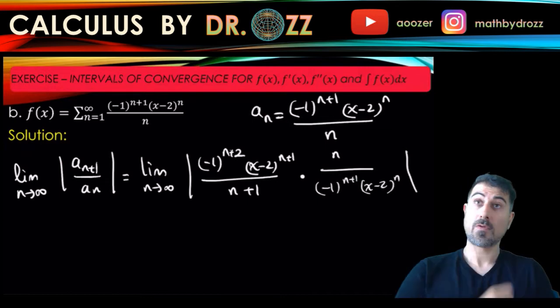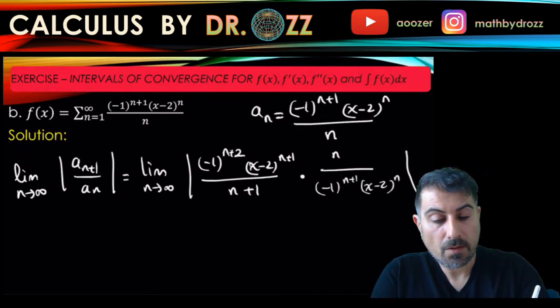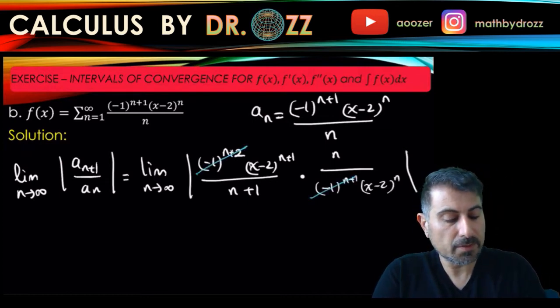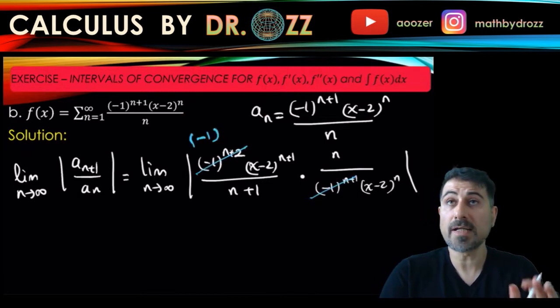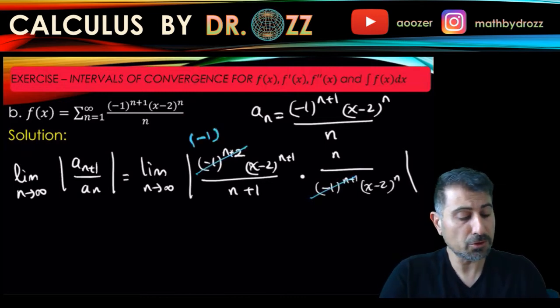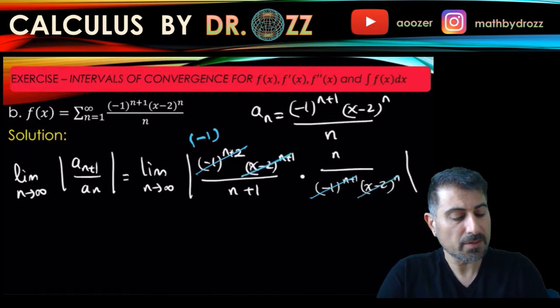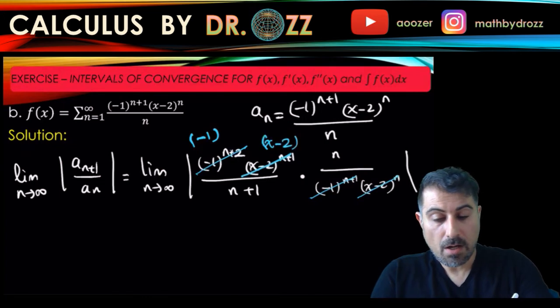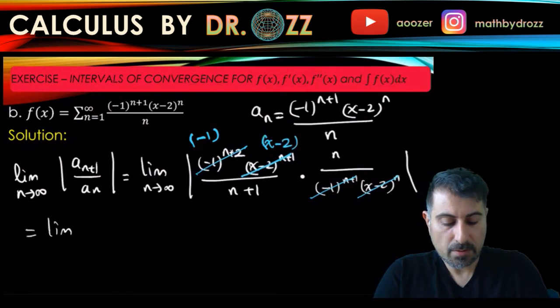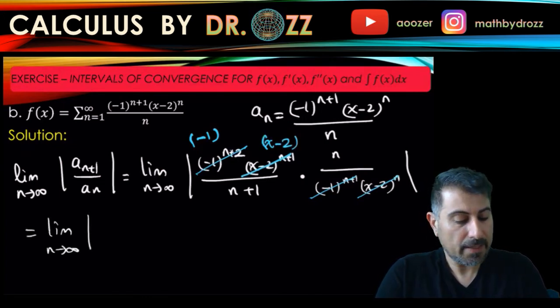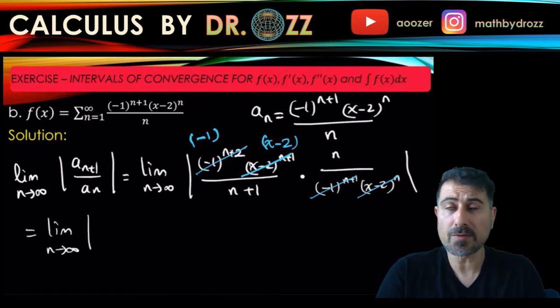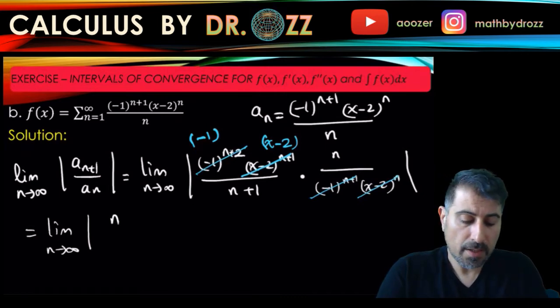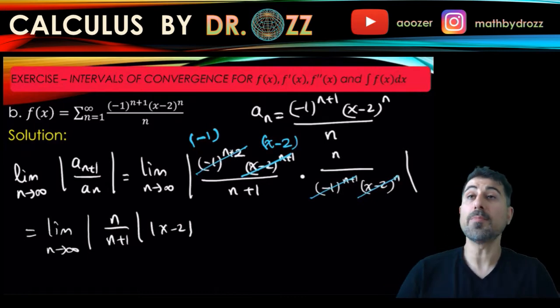Well, this one cancels this one, and we have minus 1 left here, which is not a big deal because I'm taking the absolute value eventually. And this one cancels this, and you're left with x minus 2. Okay, we can simplify that as, again, minus 1 is not a big deal because it's absorbed in the absolute value, and n plus 1 over n, I'm going to isolate x minus 2 from the n parts.